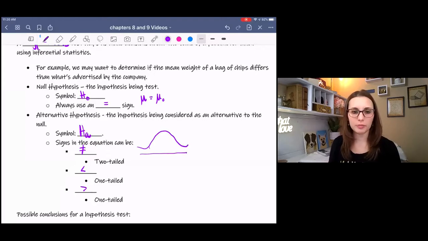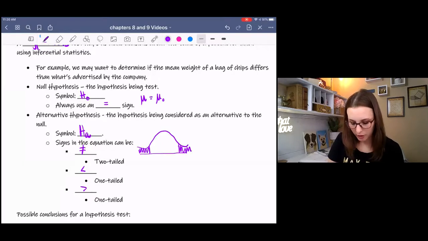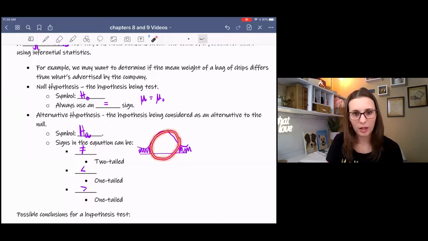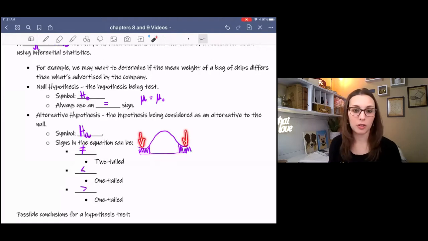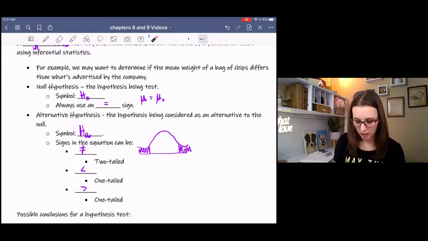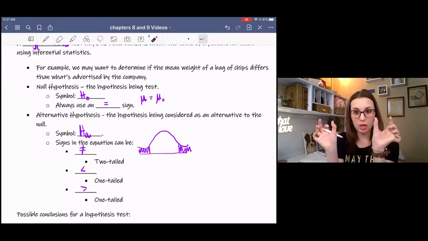Maybe this is our confidence interval or something like that. And we're saying the mean weight is not in the middle here. We're claiming it might be out here. That's two-tailed because there are two tails being tested.